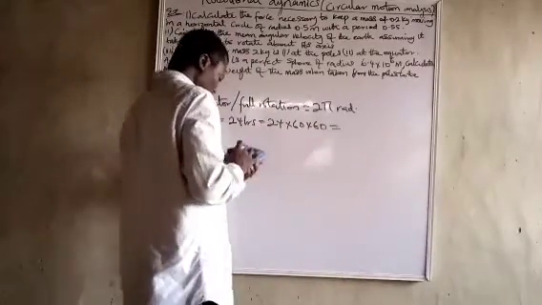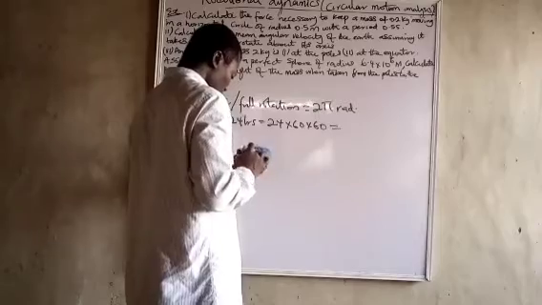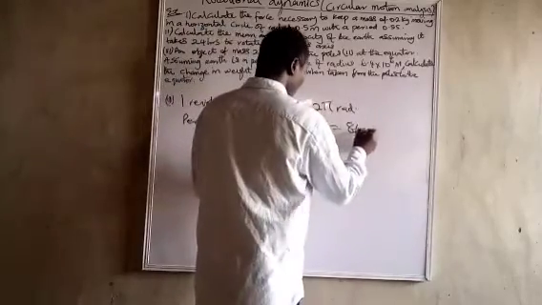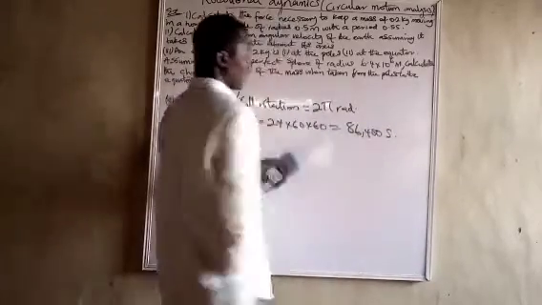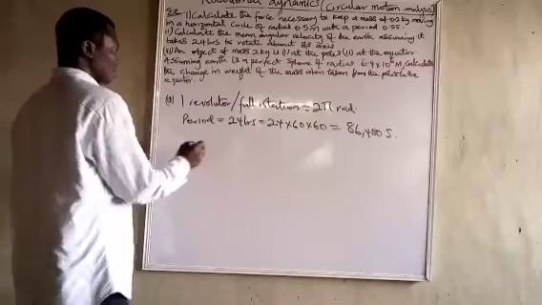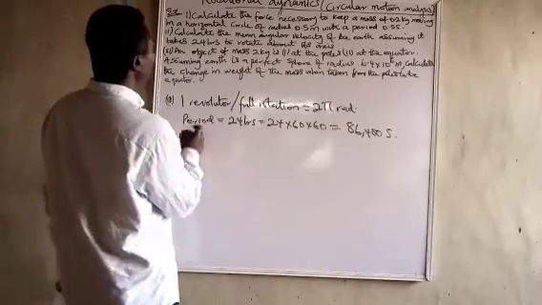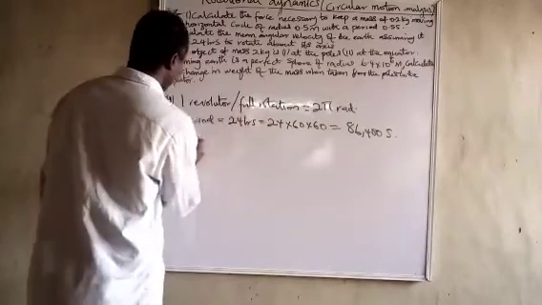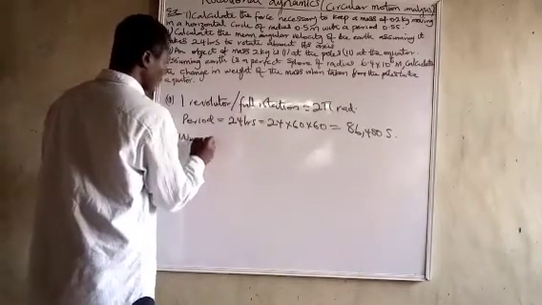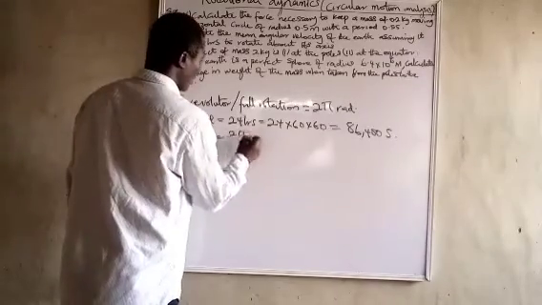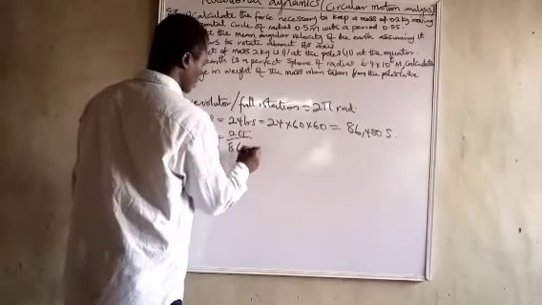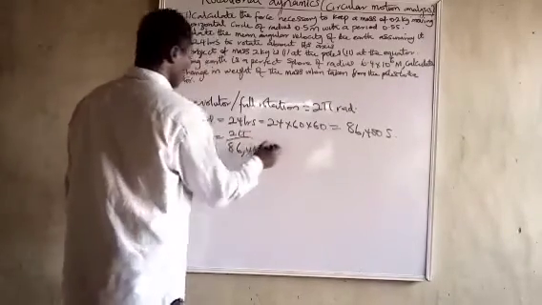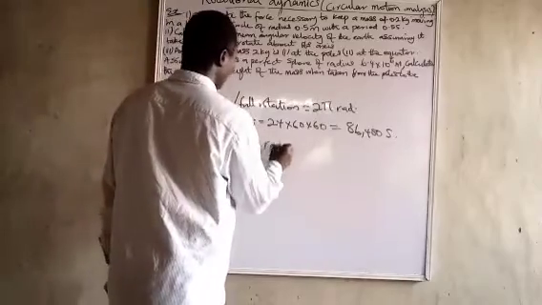And that is giving us 86,400 seconds. So omega, that is mean angular velocity, will be equal to 2 pi over 86,400 rad per second.